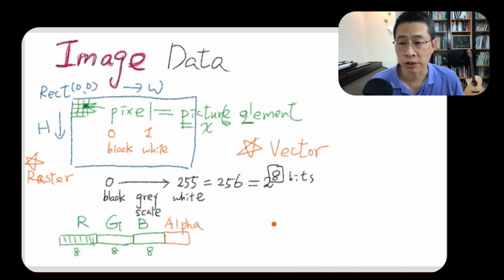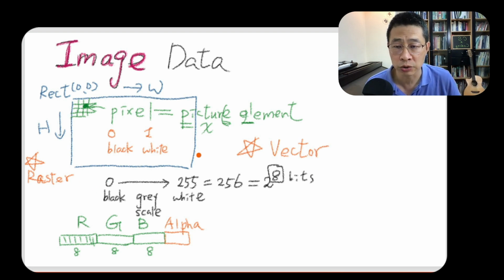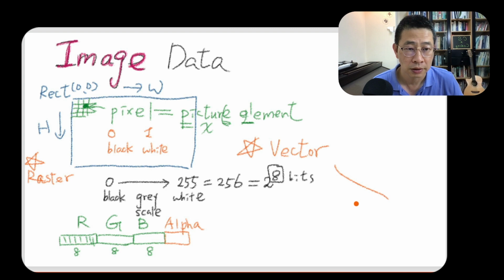As opposed to a raster image, which uses a pixel element to store each color, a vector image uses mathematical geometry, for example lines or curves, to describe the shape of the image.